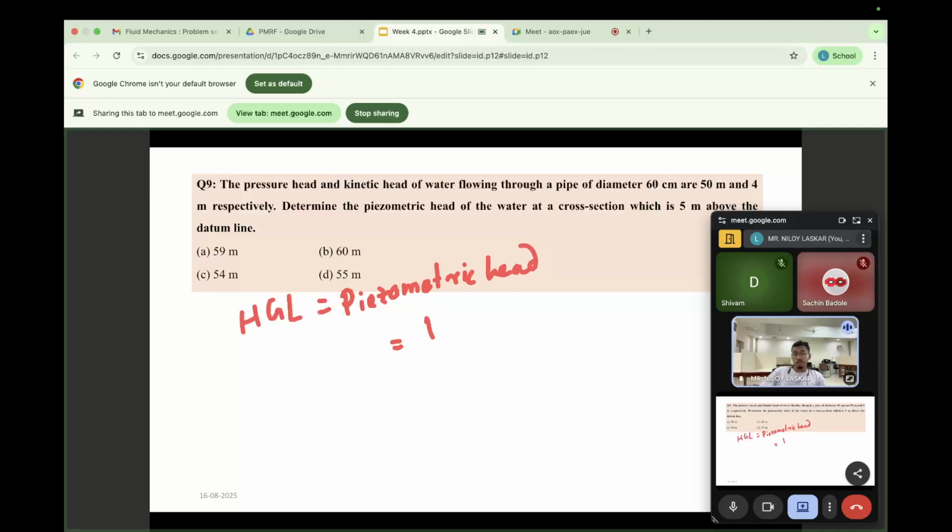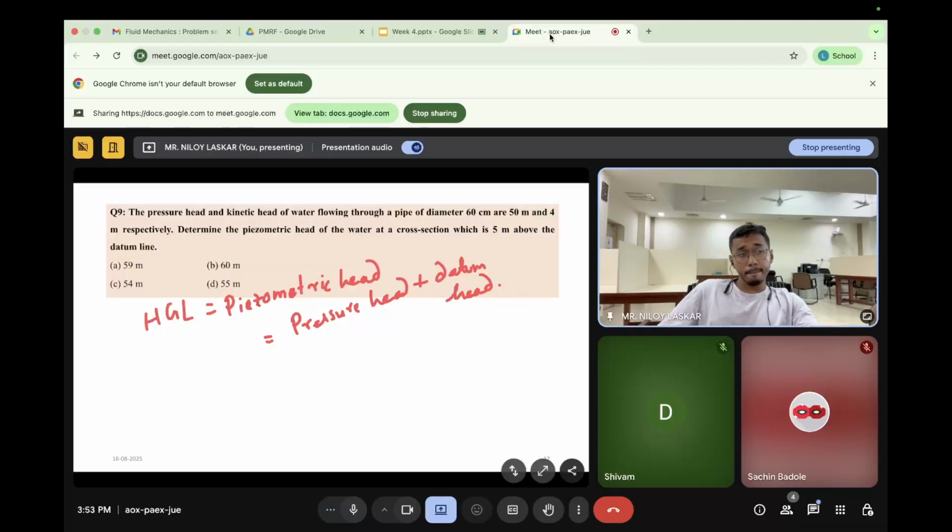It is basically pressure head plus datum head. So that is the concept. So please try to answer. I am giving you 2 minutes.